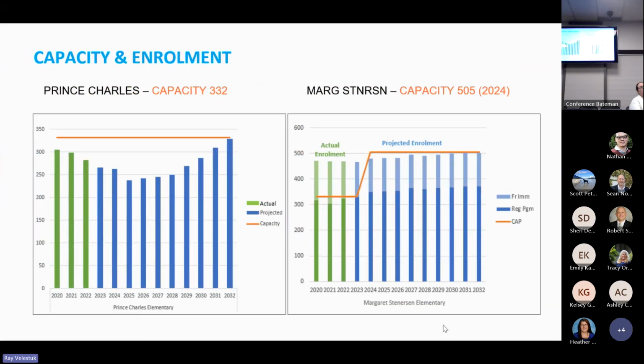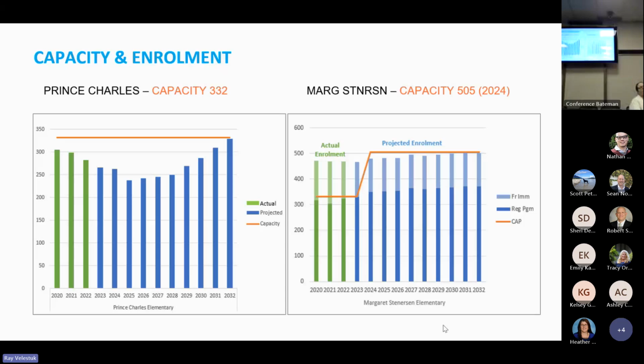When you look at the current capacities and enrollments of those schools, you can see Prince Charles has a capacity of 332. It won't get to that capacity, in our estimates, until around 2032, when the McKee development starts to yield students for us. So it does start to pick up in the coming years, and it's always dependent upon the pace of development.